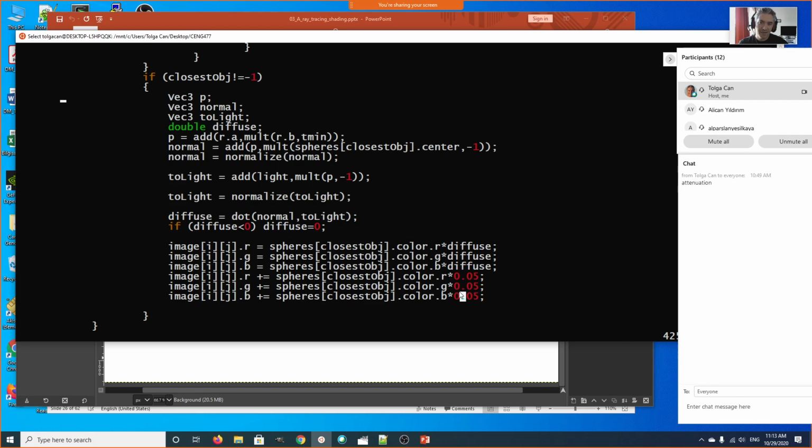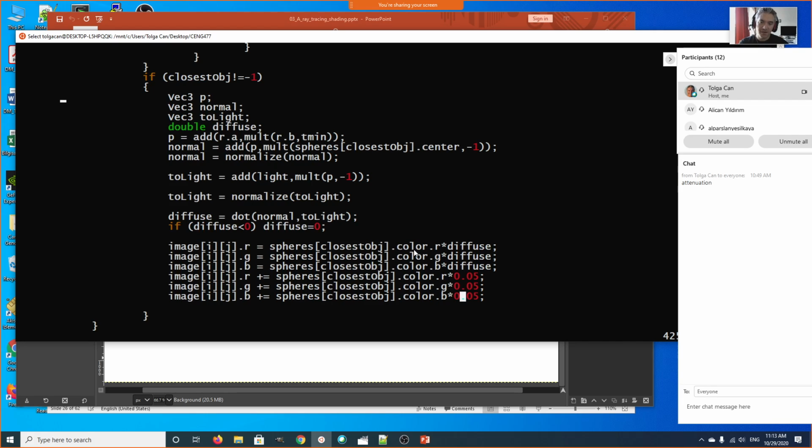Actually, the way the implementation is done in this code, the reflectance coefficients and the light intensity are not defined as they are on the slides. The reflectance coefficients here are not between 0 and 1. They are actually between 0 and 255. So their roles are reversed.